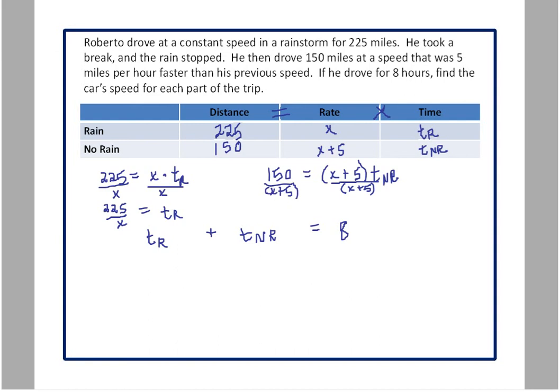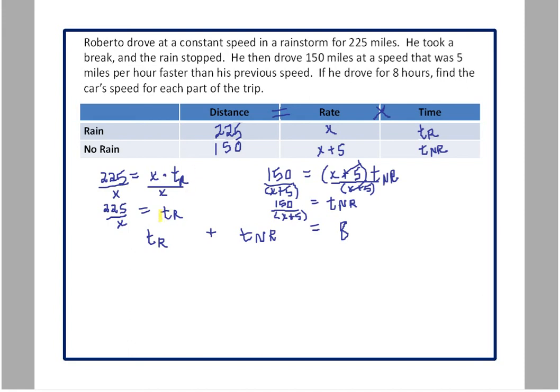That gives me 150 divided by x plus 5, and the x plus 5's cancel out, leaving the time without rain, NR.